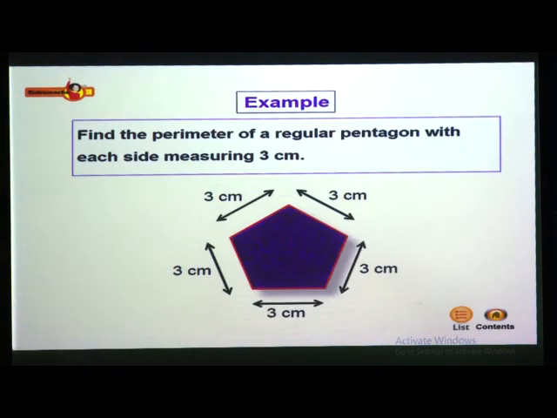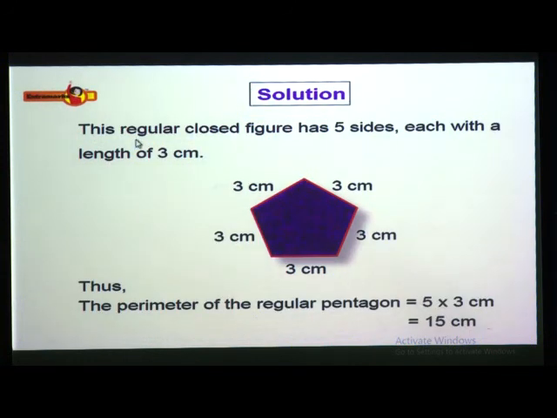Now, we will solve this example. You can see here, find the perimeter of a regular pentagon with each side measuring 3 centimeters. Now, we have a pentagon, and all the sides of this pentagon are equal, meaning all the sides are measuring 3 centimeters.